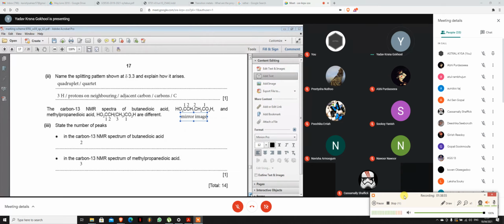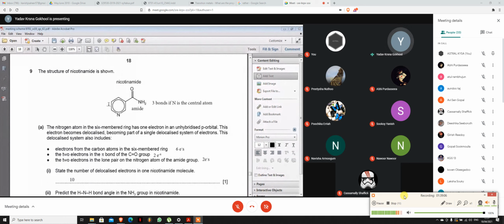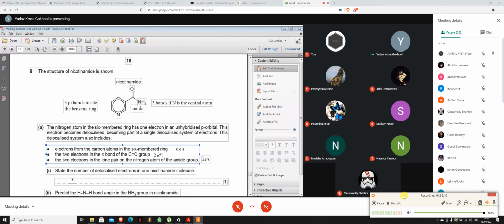This question was a bit tricky. Question number 9. Remember here we have 3 pi bonds. So if you have 3 pi bonds inside the benzene ring, it comes to 6 electrons. 2 electrons here, which are delocalized. So 6 plus 2, 8, and then 2 again. So the total becomes 10.